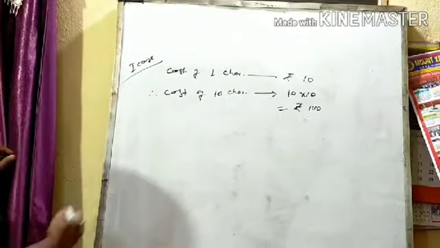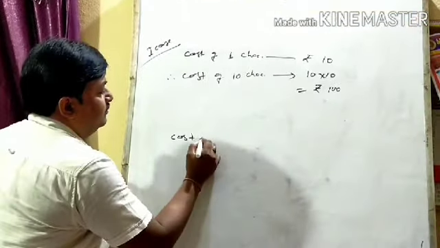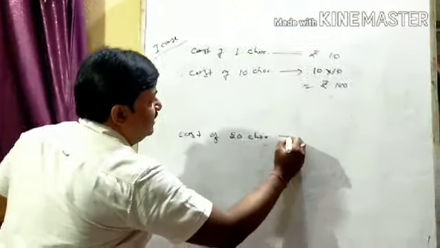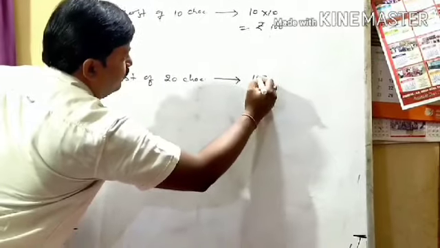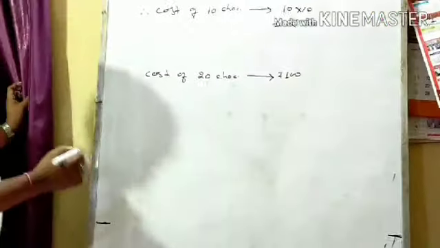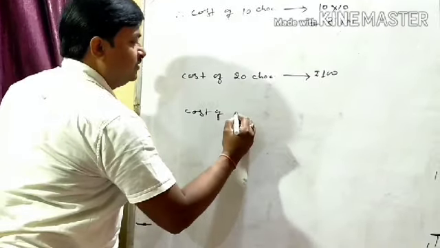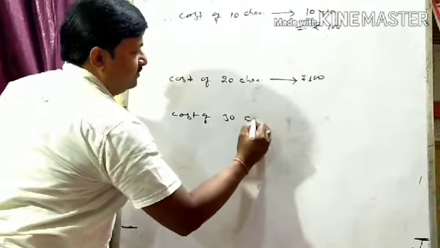Okay. Now in the second case, student, the cost of 20 chocolate is equal to rupees 100. Therefore, what will be the cost of 30 chocolate?